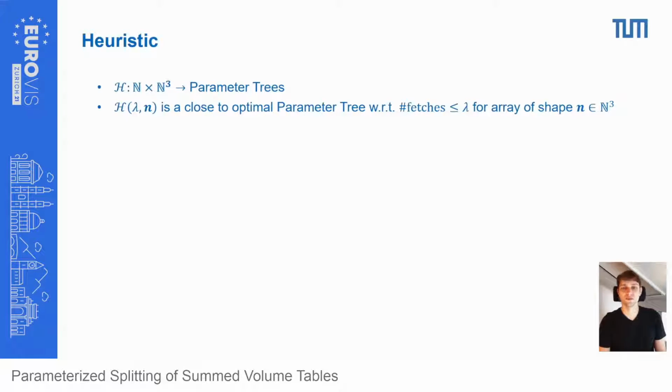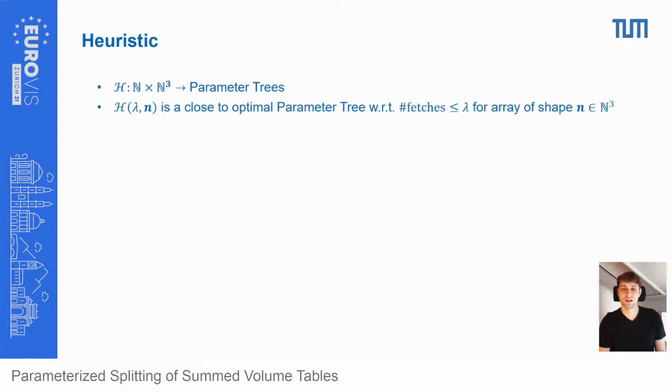The way we deal with this is by designing a heuristic that may not return optimal parameter trees, but at least it returns trees that are close to the aforementioned trade-off curve. It comes with two parameters, the volume shape n and a control parameter lambda. The parameter tree returned by the heuristic is guaranteed to require at most lambda fetches, and it also requires less memory the higher lambda is chosen.